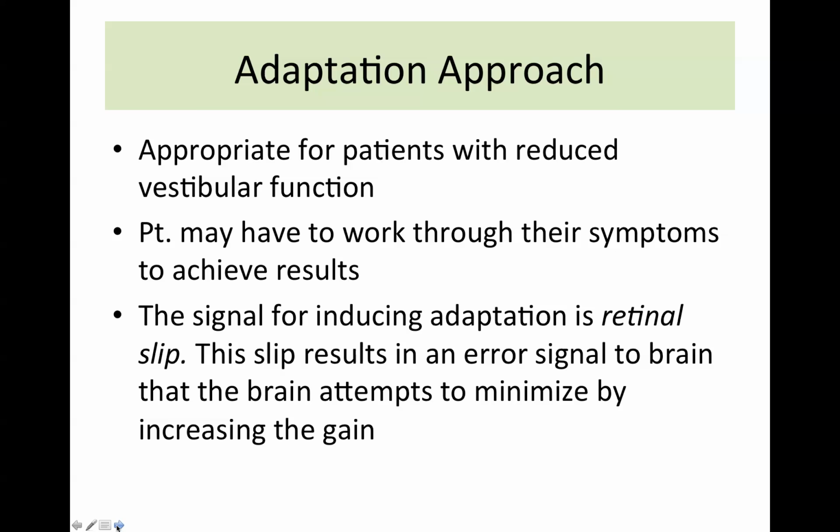And as the retinal slip occurs, you're going to have blurring. This is absolutely necessary to drive vestibular adaptation. All right. So in order to get retinal slip, there has to be movement of the head. And that's why saccades and smooth pursuit alone is not beneficial. All right. And therefore, this retinal slip is the signal to the brain, to the cerebellum, that says, hello, something is wrong here. We need to correct this.